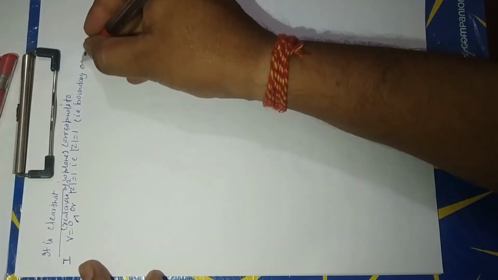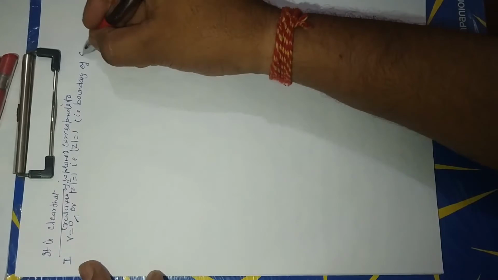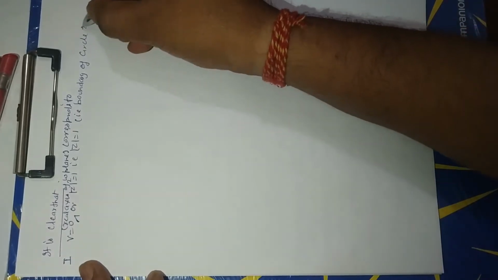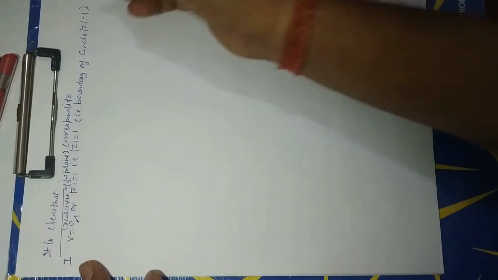Boundary of the circle z modulus is equal to 1. Now v is equal to 0, the real axis of the w plane, corresponds to the boundary of the unit circle.